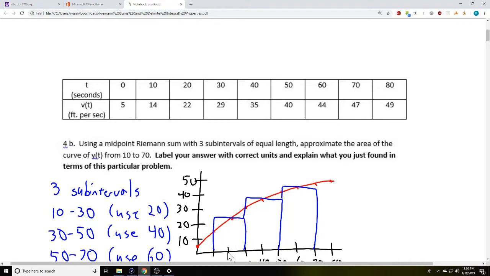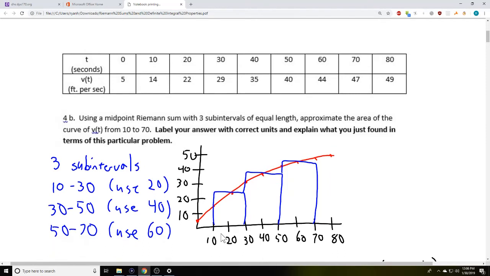We do 6 different rectangles, from 10 to 20, from 20 to 30, and so on. That would come closer to our actual answer than 3 rectangles does. And then let's say we did 60 rectangles, right, of a base of 1 apiece. So from 10 to 11, 11 to 12, all the way up to 70. We need 60 different rectangles.